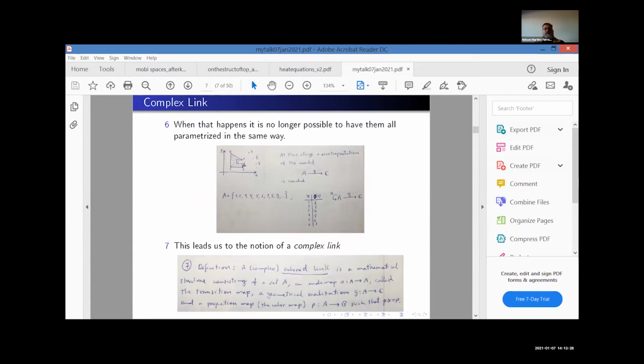So at this stage, our model is no longer appropriate, or at least the information in the model can be the same, but we have to reinterpret it.